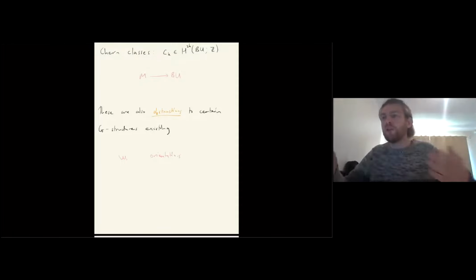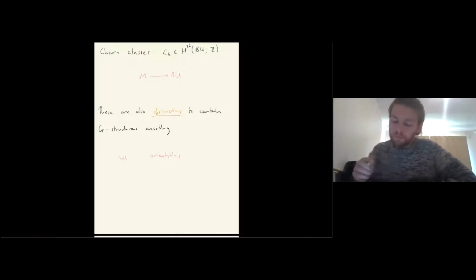If you have a manifold, you can calculate the first Stiefel-Whitney class, and that vanishes if and only if the manifold is orientable. Similarly, W2 is the obstruction to a spin structure, and C1 is the obstruction to an SU structure.